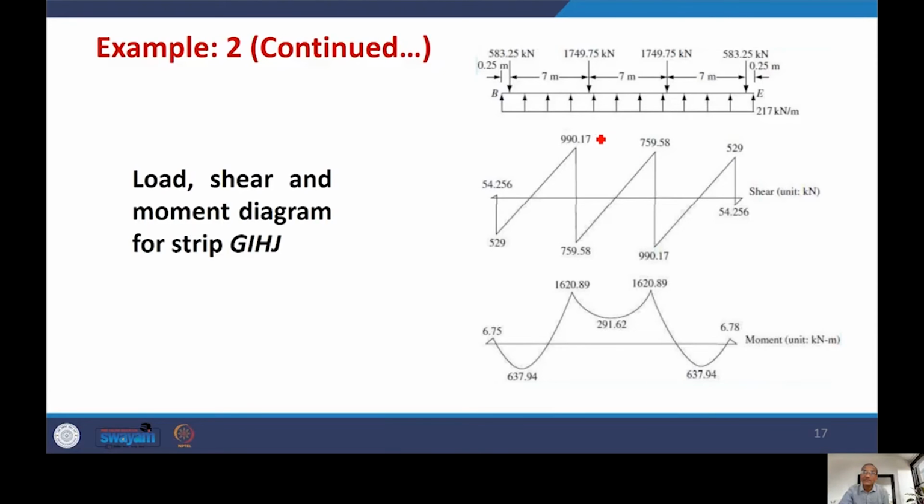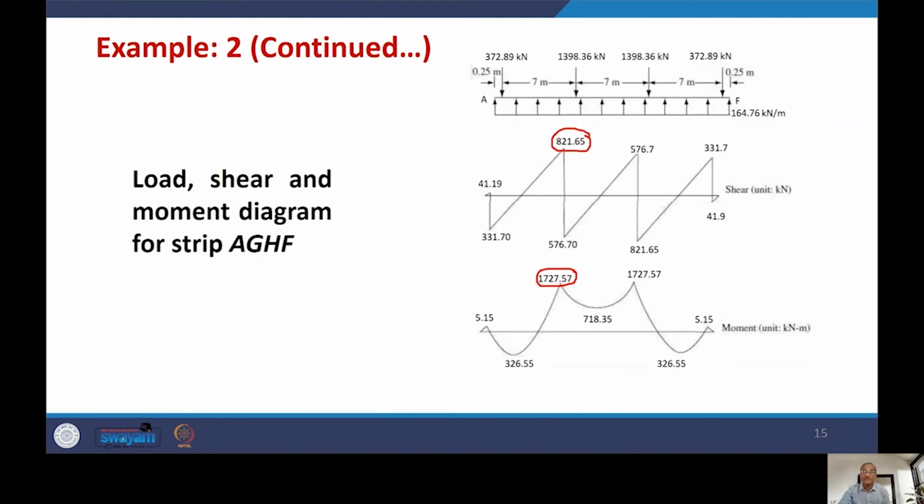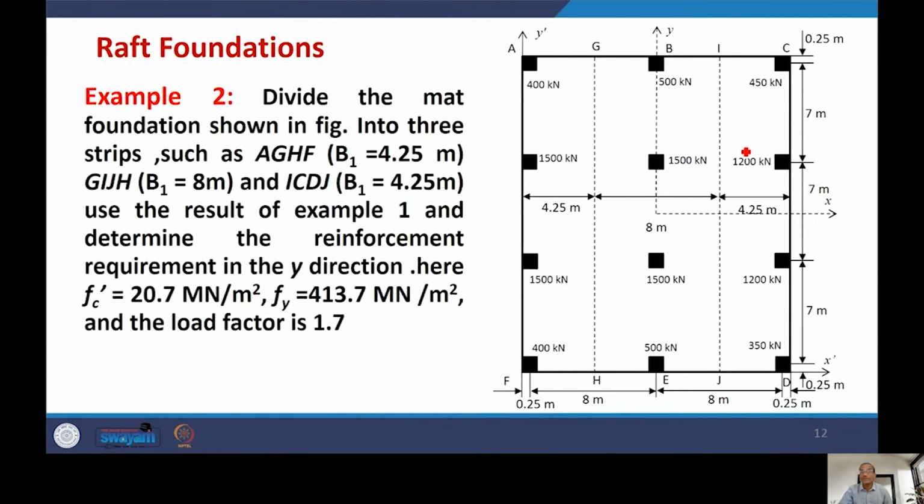This is the maximum value of shear force, 990.17, and this is the maximum value of your bending moment diagram, 1620. So naturally the design will be governed, or reinforcement should be enough to support these maximum values. All right, so this was the second strip, GIGH, where the load coming was quite high.